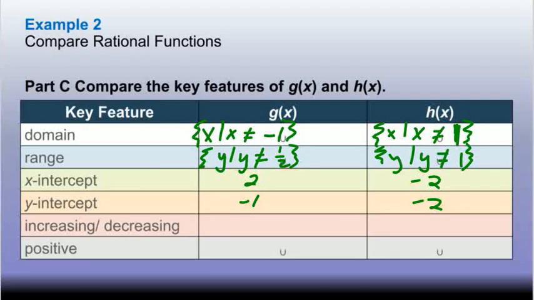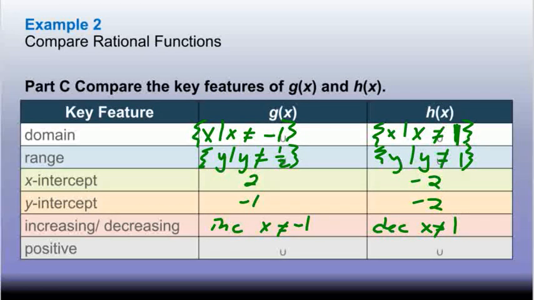Increasing or decreasing, this one is increasing, but x cannot equal -1. And the other one is decreasing, where x cannot equal positive 1. And then positive, negative.